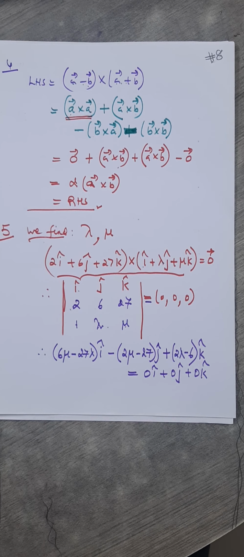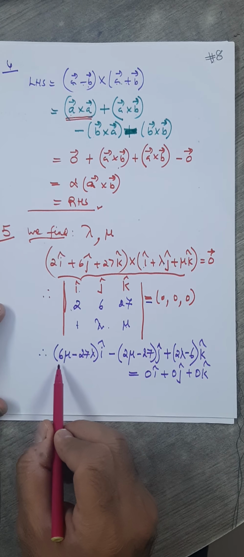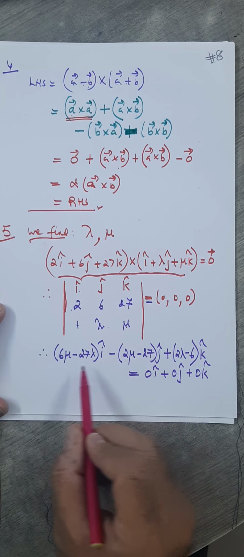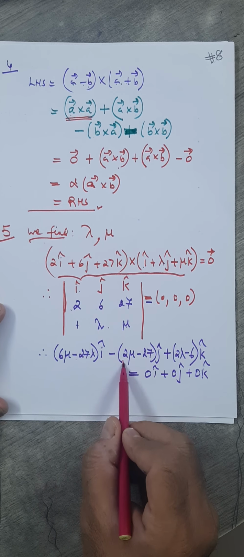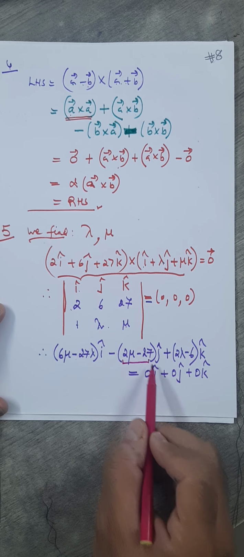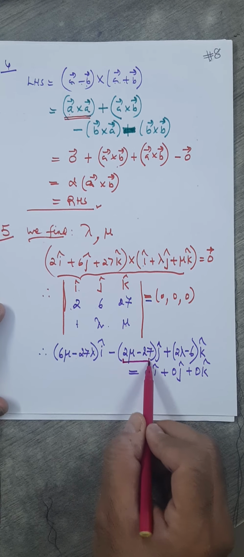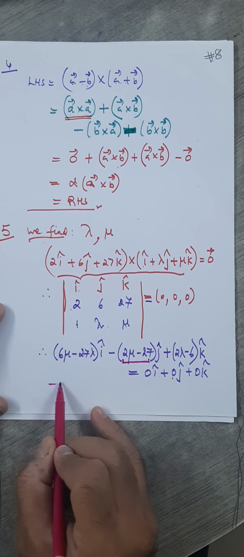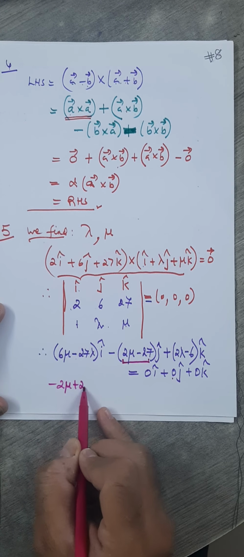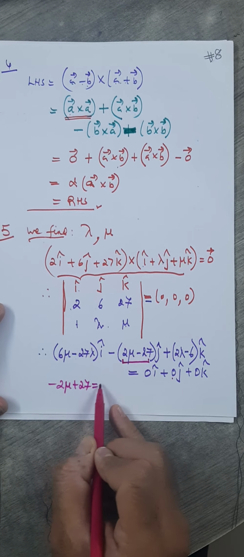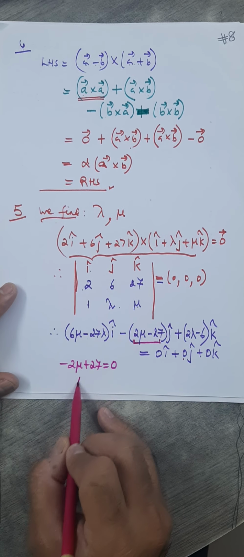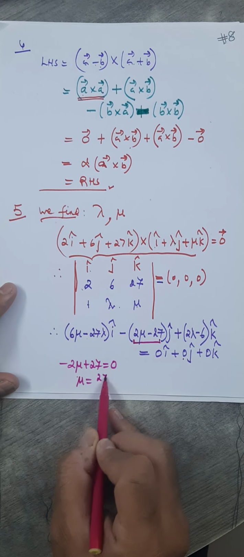So you'll get lambda and mu immediately. You compare the second component with the second one: minus 2 mu plus 27, this minus will go inside, equals 0. So what is mu from this? 27 by 2.